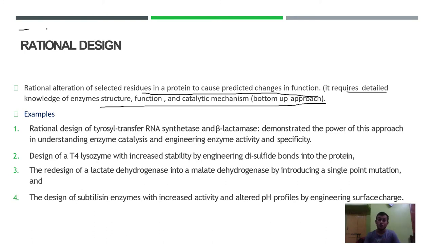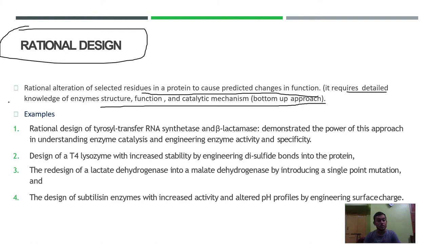One of the most important points about rational design is that we need knowledge of enzyme structure, function and catalytic mechanism, whereas that is not the same for directed evolution. For directed evolution we do not need to know so much, whereas for rational design we need to know everything about that particular molecule, whether its structure, functionality or mechanism. After we know everything, we can perform changes accordingly.